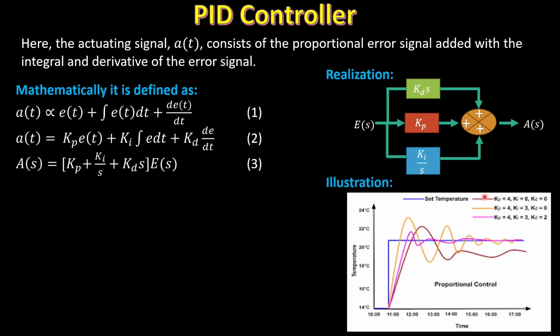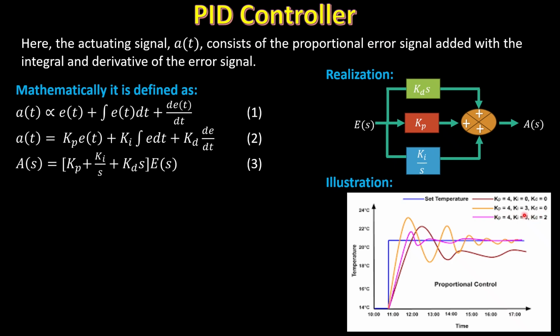Let me show you one example. Here you can easily see that the first one is a Kp controller, I mean a proportional controller, because the other terms are 0 here. So only the P controller, in case of Kp equal to 4, this is the output. So a huge error is present here. But in case of the second one, the yellow line, it is basically a PI controller, because the D part is 0.